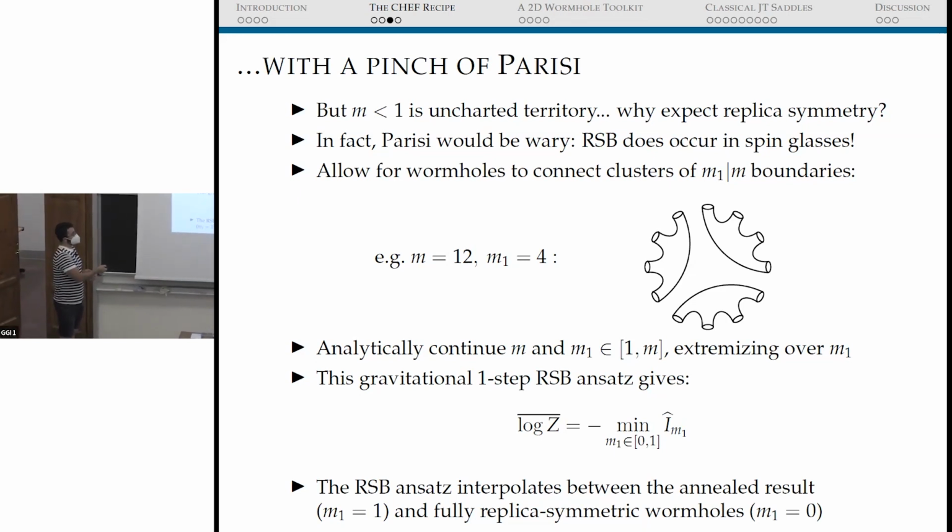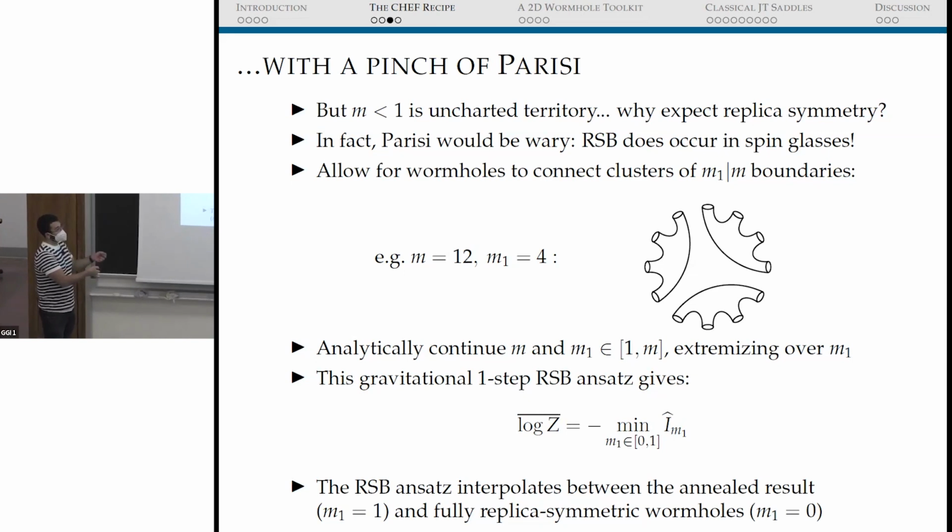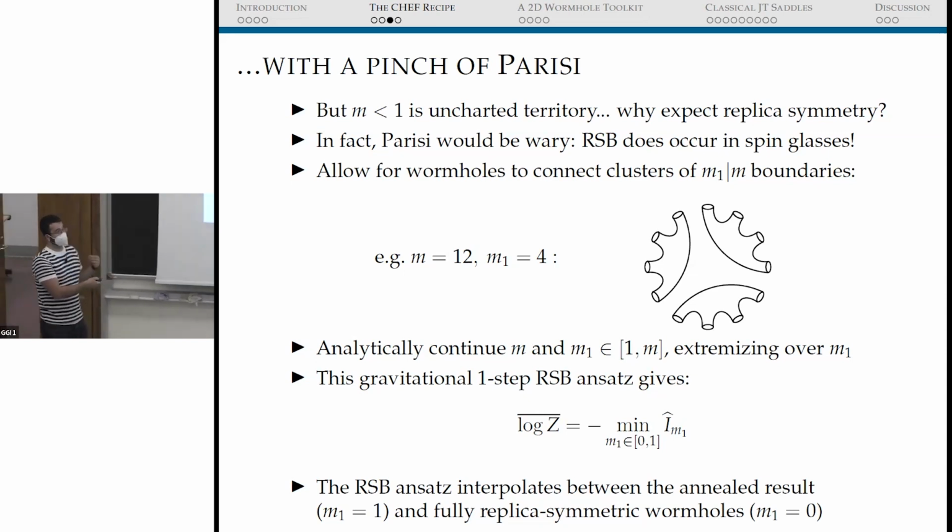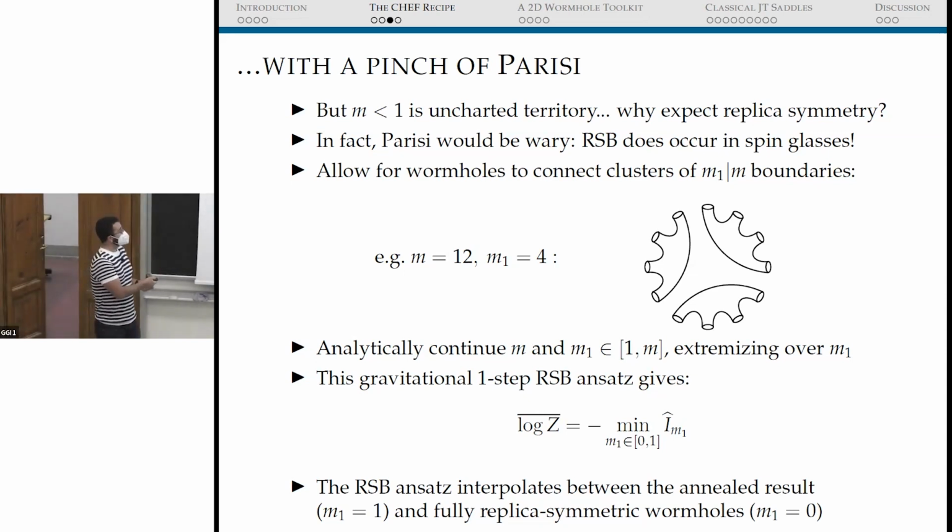If M1 minimizes the action for M equals 0, then what we recover is a replica symmetric case. If it wants to take the value equal to 1, we recover the annealed result. But we have the freedom to pick some value between 0 and 1, which would give us an answer for the quenched logarithm that is replica symmetry breaking.